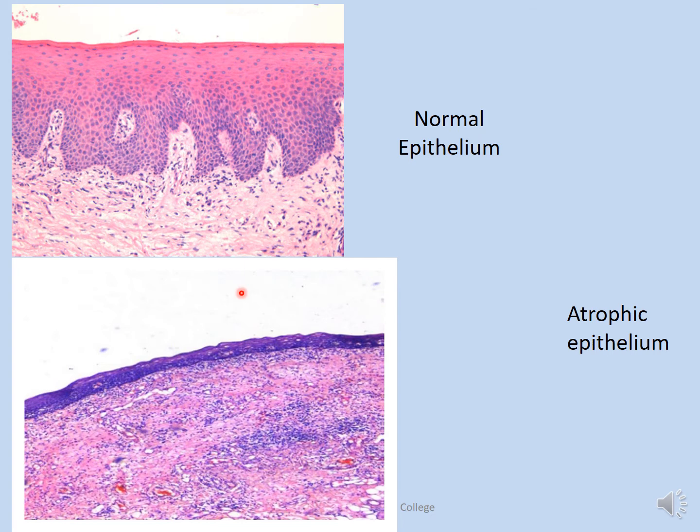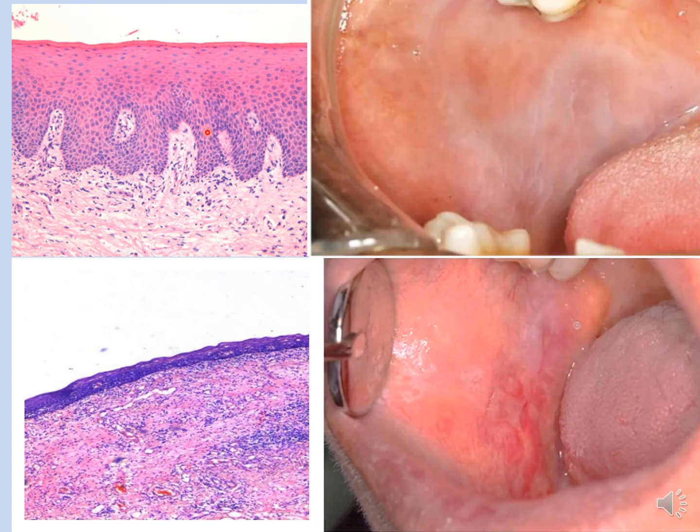Okay, so I want you to understand that a normal epithelium histologically will clinically appear like this, right? Whereas an atrophic epithelium, as described here, will actually give us a reddish lesion, right? That means the thinning out of the epithelial layer leads to the underlying connective tissue and contents of the connective tissue giving the reddish hue clinically.